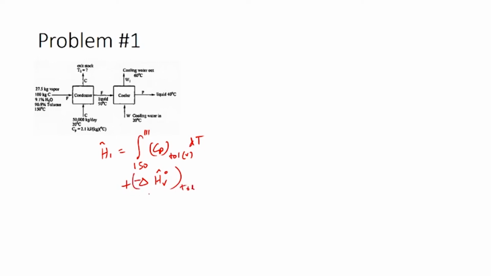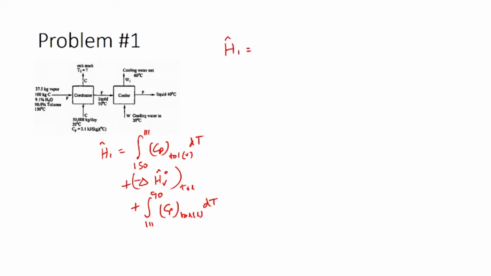So, we are using the negative of heat of vaporization because you have a condensation process happening here, not vaporization. So, it will be the negative of heat of vaporization plus integral 111 to 90 Cp of toluene liquid dT. So, now that we have this as the expression for H1 cap, let us calculate H1 cap.